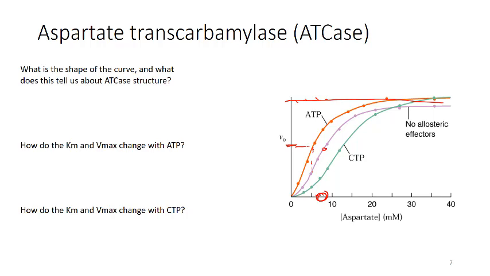If we go to this point on all of the graphs, the velocity of that enzyme at that substrate concentration is at about 1/2 Vmax for ATCase alone. But when we add CTP, which raises the Km to slow down the enzyme, at that same concentration you're at a lower velocity than you would be if you just had the enzyme alone.